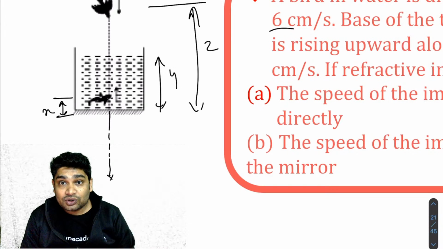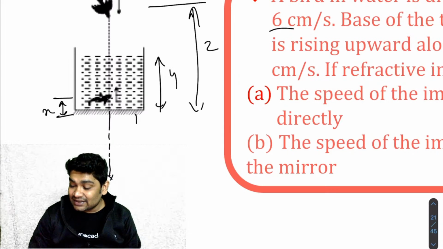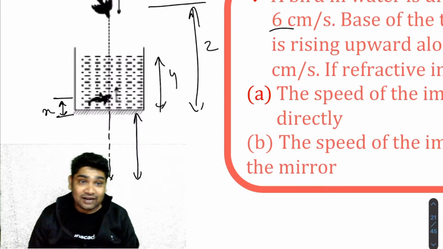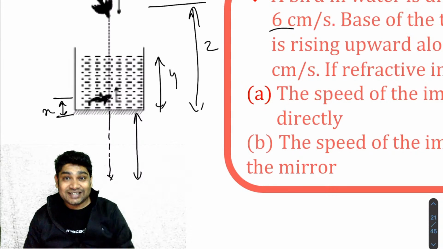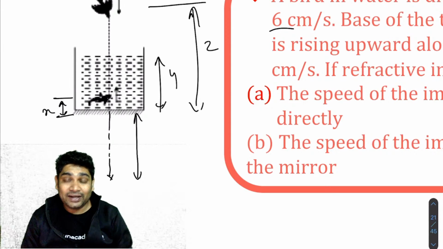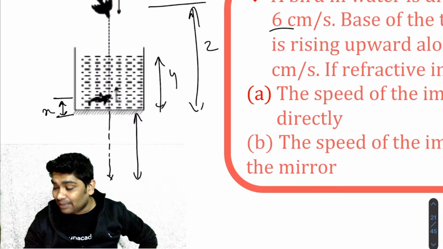So you know that the distance here would be the equivalent distance that the fish will see the bird to be in water itself. Okay, you realize this reflection is happening in water.